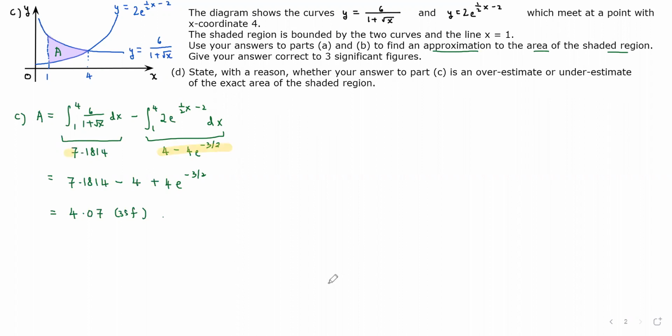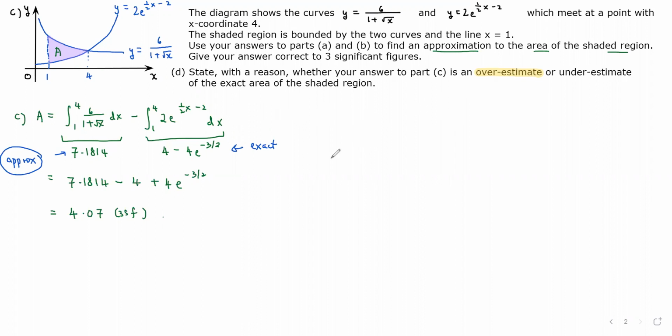So from here, exact and approximate, we have an overestimate in this case. Now this part here is exact, and this is approximate. So whether you have an overestimation or an underestimation, it depends on this approximate area.